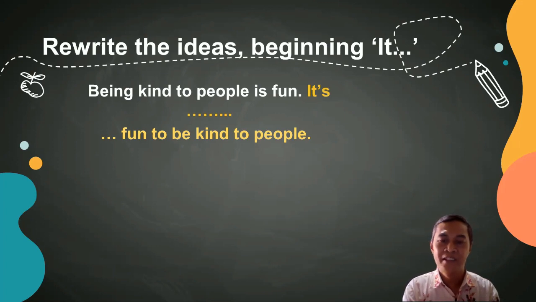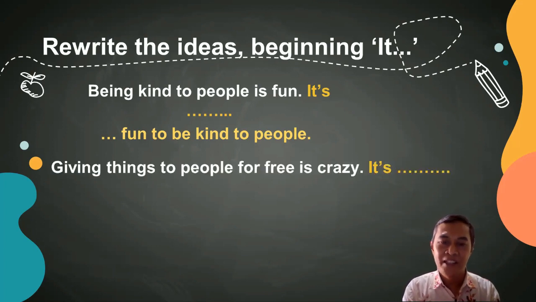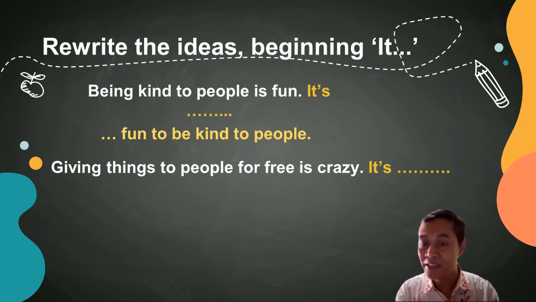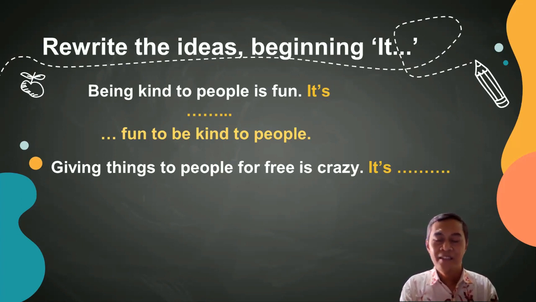Okay, now we have the other ones. Giving things to people for free is crazy. Crazy here is the adjective, but sometimes crazy has a positive meaning. So what's the sentence, Mr. G? Let me try.